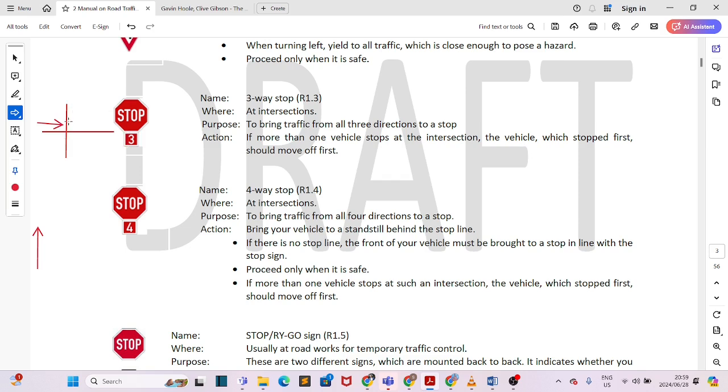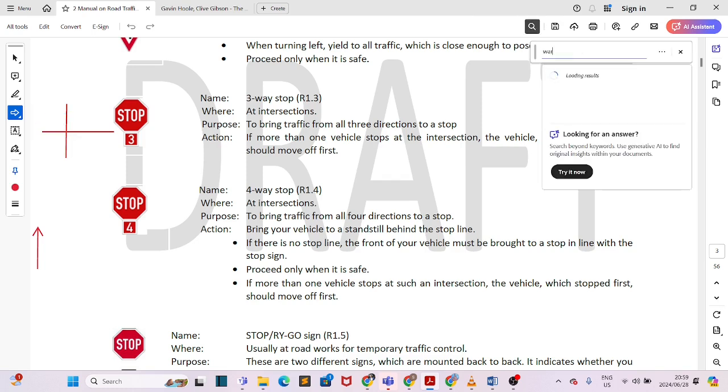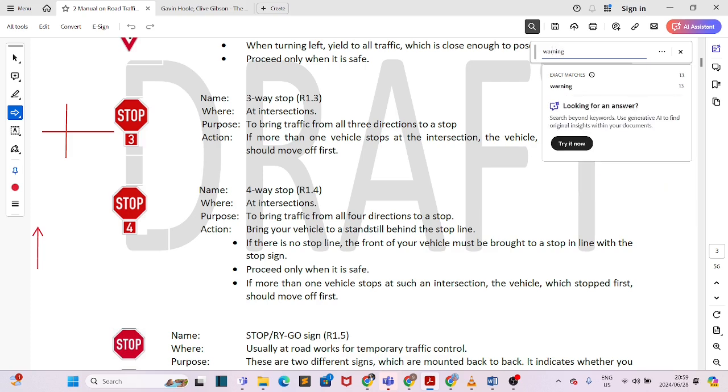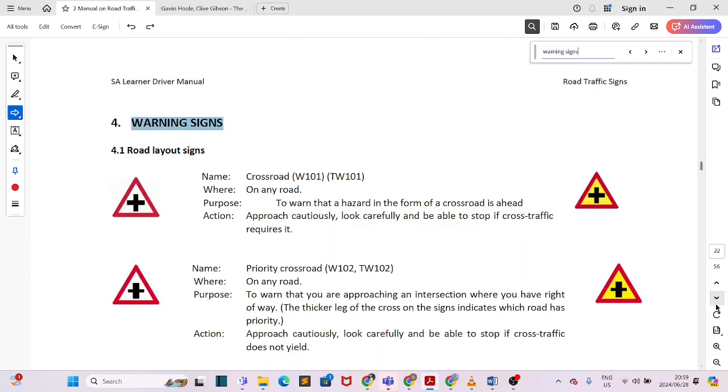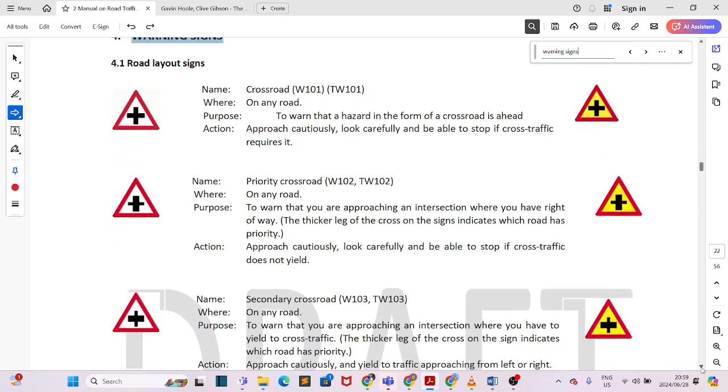To explain this better, let's go to our warning signs a bit. Remember, the warning signs are there just to warn you about whatever you're going to experience ahead. I hope you see these 3 triangles here. They look similar in terms of what they are displaying inside the triangle. All of them have that plus shape.